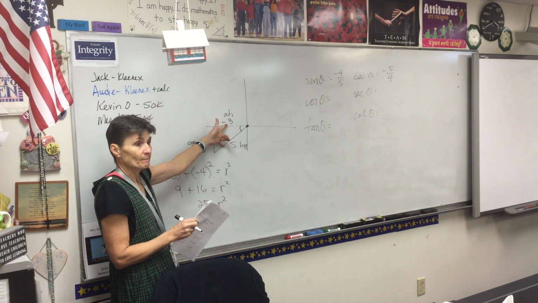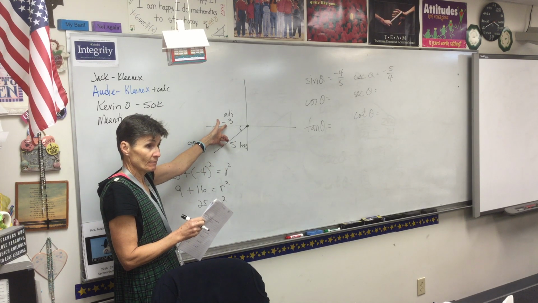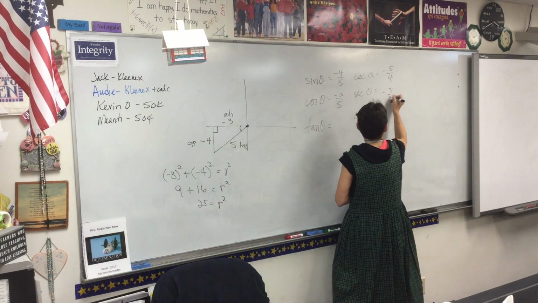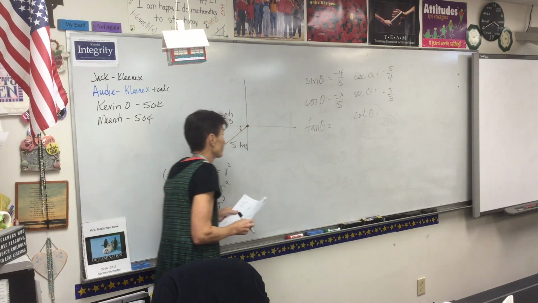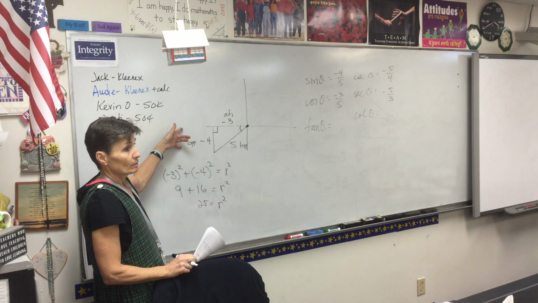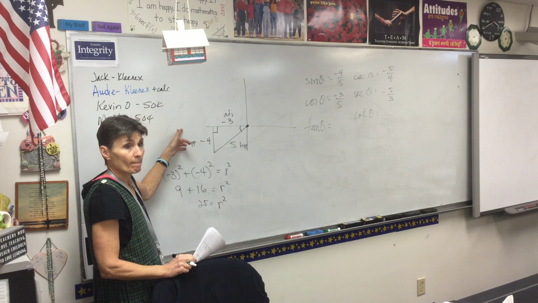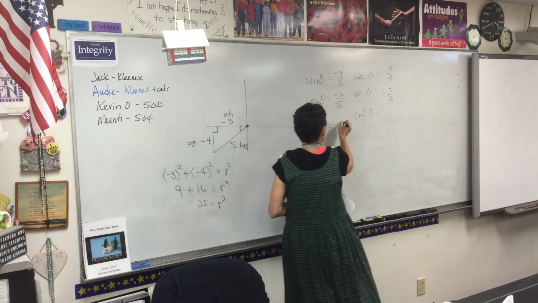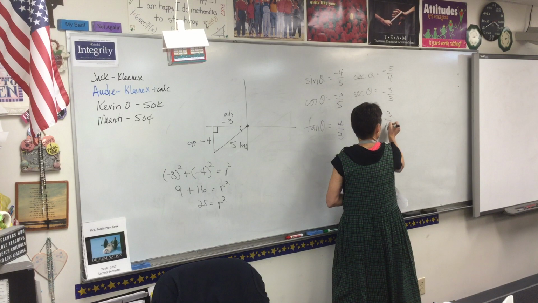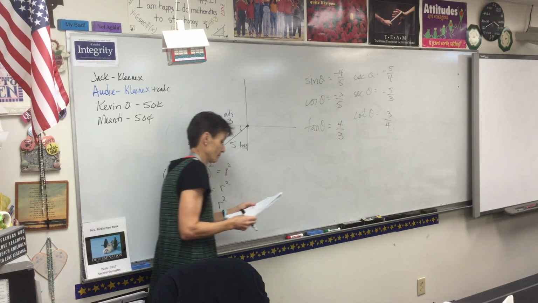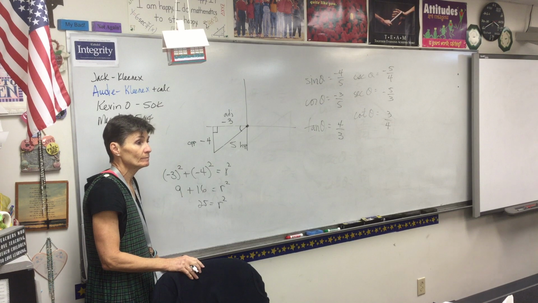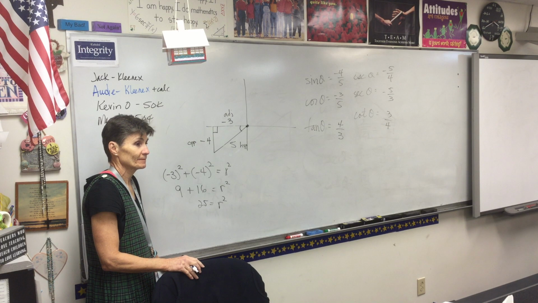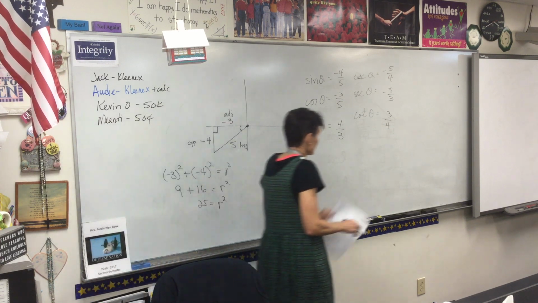Cosine, what's my cosine? -3/5. So my secant is -5/3. What's my tangent? Positive 4/3. Now it's positive because the negatives cancel. There you go. Solid. Definitely solid. All right, let's look at the next one.